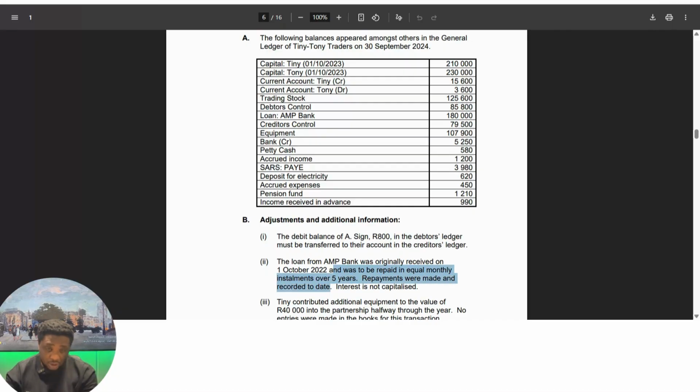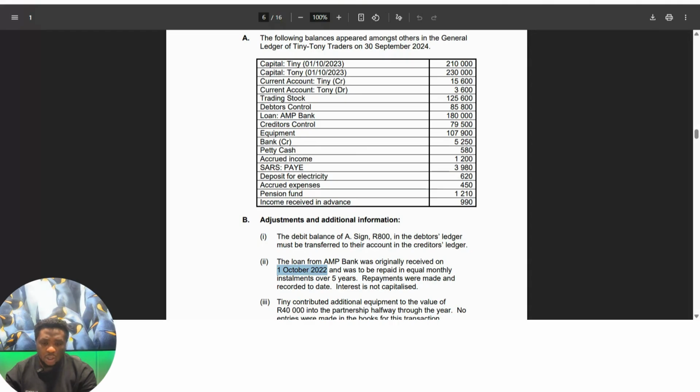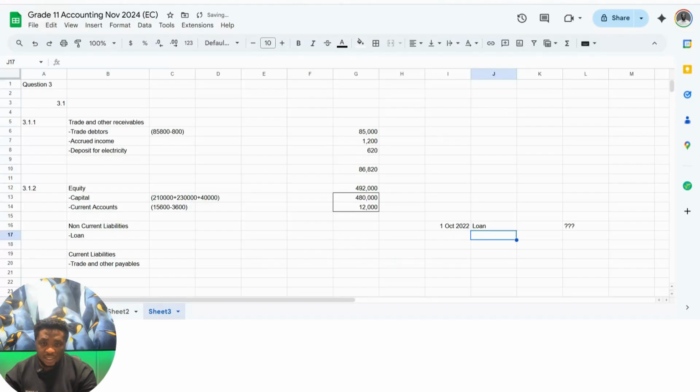The payments are not to date. So let's look at the end of the previous year, because if the year starts on 1 October 2022, then it would end on 30th of September 2023. So 30th of September, so I'll say 1 October 2022, because these are monthly payments, to 30th of September 2023, we have payment 1.